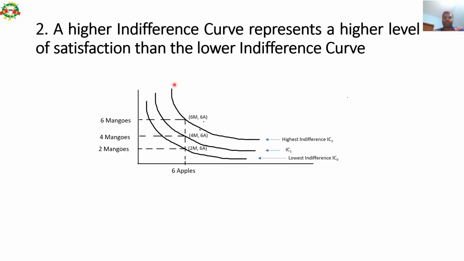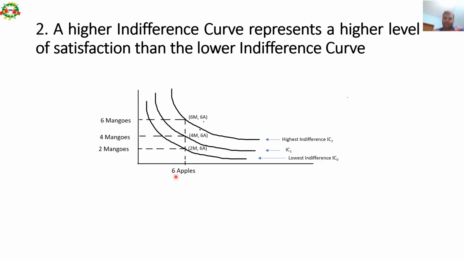To understand this concept, let us draw three indifference curves. This is indifference curve number 1, this is 2, and this is 3, right? Let us call this middle indifference curve IC1. Let us first compare the highest indifference curve with the middle indifference curve.